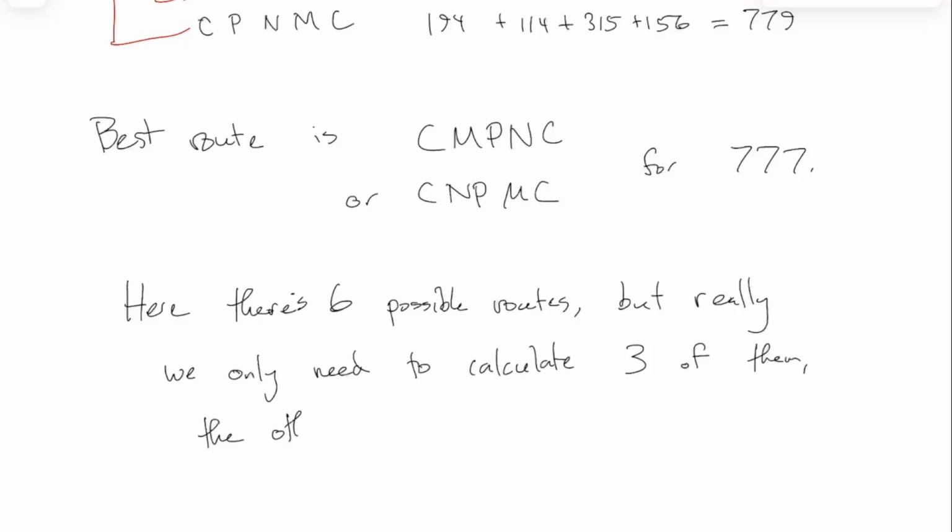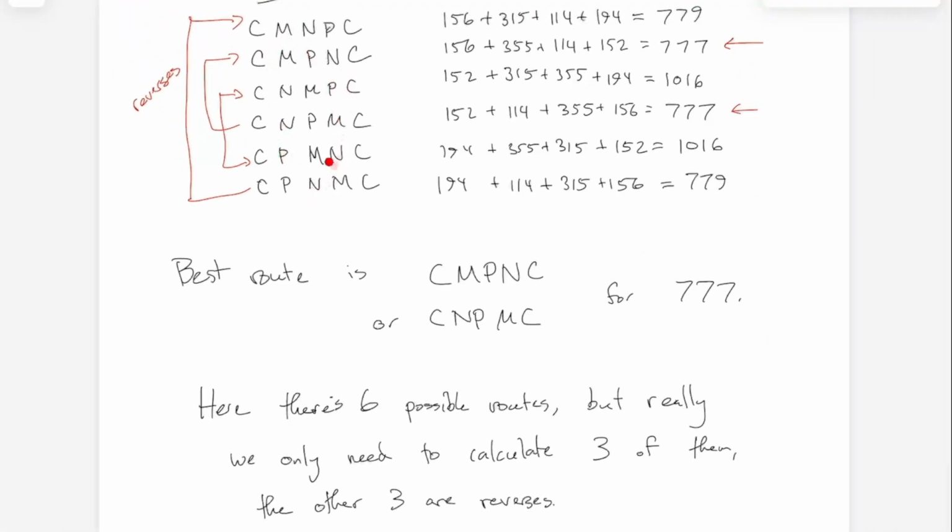The other 3 are reverses. And you can look ahead of time at your big list and tell which ones are reverses of the others. So you can save yourself some work by not adding them all up for all 6 of them. You only have to do 3 of them.